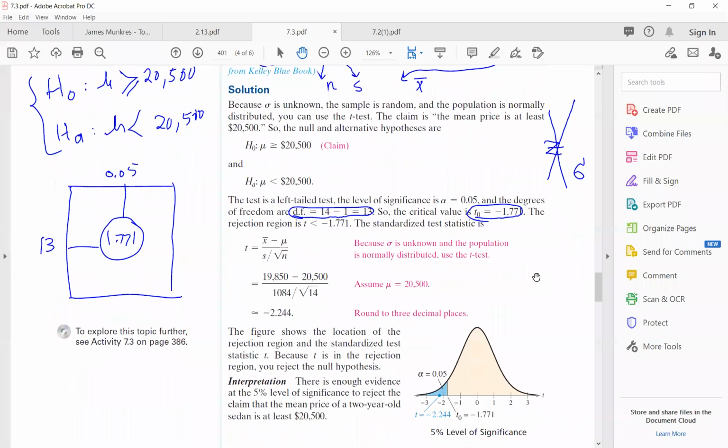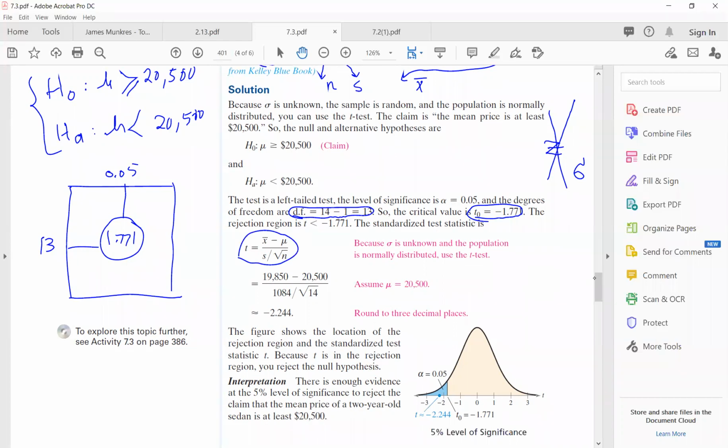Okay, so this is your critical value, dividing the rejection region and non-rejection region into two different parts. Let us form our standardized test statistic, T, which is x bar minus mu, divided by s over square root of n.